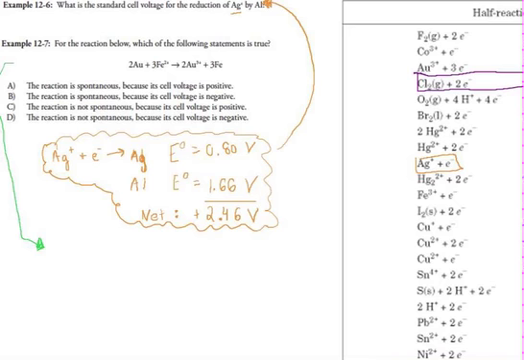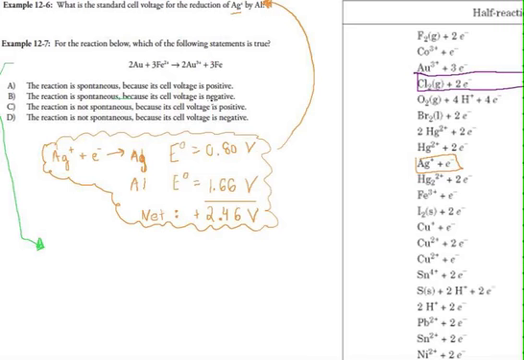Okay, final example. For the reaction below, which of the following statements is true? So it looks like they want to know whether or not the reaction is spontaneous. And notice again, there's a couple that you can eliminate here just based on common sense. We know that if a reaction is spontaneous, its cell voltage must be positive.